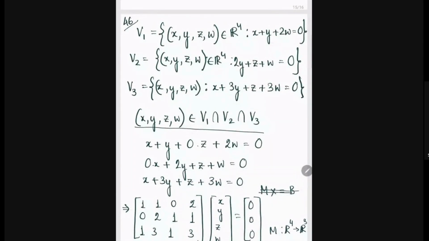You need to find the dimension of M. You need to find the rank of this matrix. Then you will get the dimension of this space. That is your answer, right?